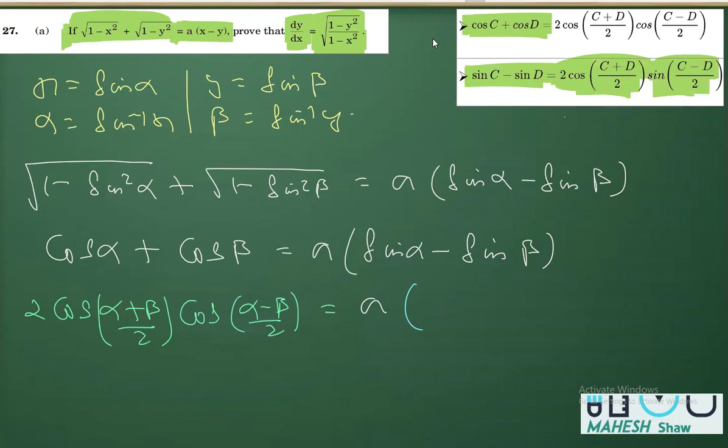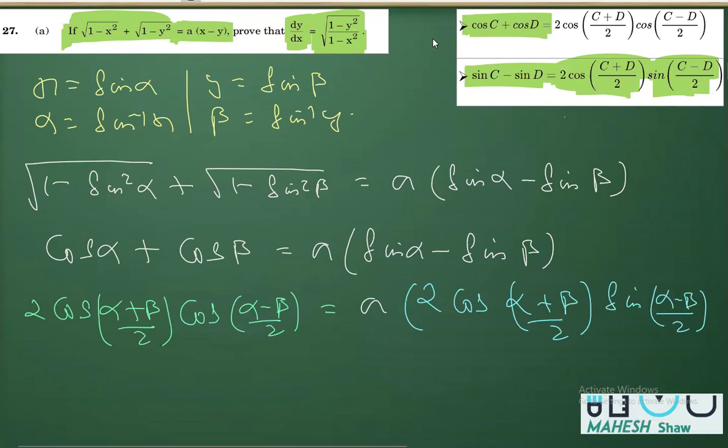So applying it, that is 2 cos alpha plus beta over 2, and then sine alpha minus beta over 2. Now what you can see from here is that we can cancel 2 and 2, and even this gets cancelled.